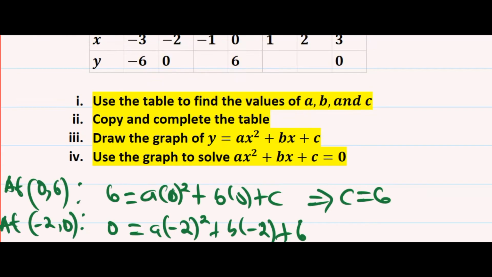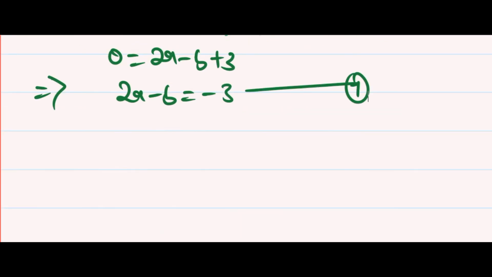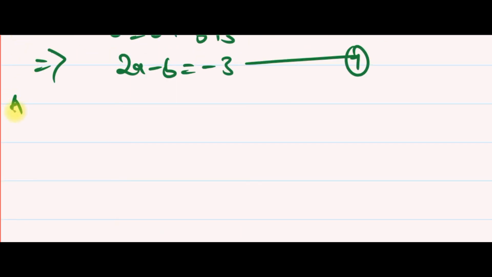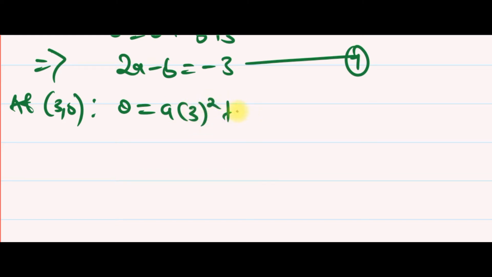We now check the other one, which is 3 comma 0. So at 3 comma 0, y is 0, x is 3. So we have 0 equals a times 9 plus b times 3 plus, remember, c is 6. So we have 9a plus 3b plus 6.